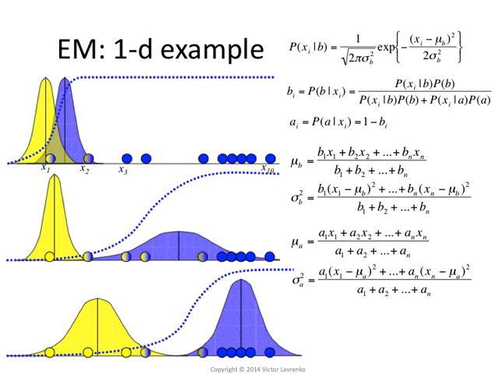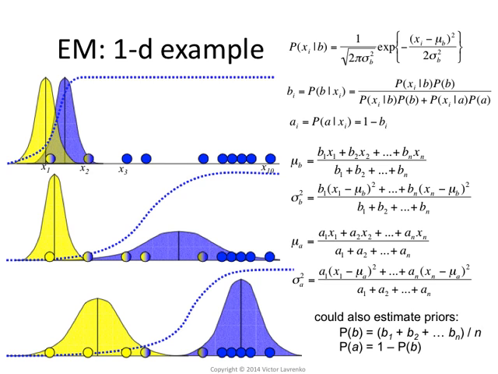And these are the update equations in 1D. So this assumes that the priors for the two Gaussians remain fixed. The priors are the PA and the PB in the Bayes rule when I was computing the colors. You can either keep them fixed or you can re-estimate them at every step. If you re-estimate them, basically you allow different Gaussians to grab different amounts of data points.